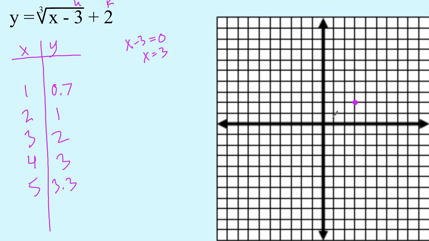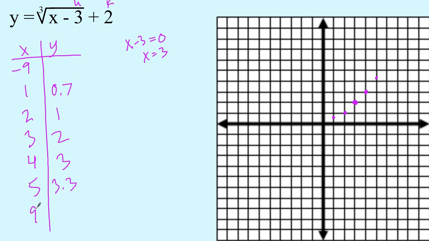Okay, so let's see what this looks like. So 1, 0.7, 2, 1, here we go, 5, 3.3. So we're starting to get that S shape, but let's go a little bit further out. So maybe try 9 and -9, just so you can get both sides of your graph.